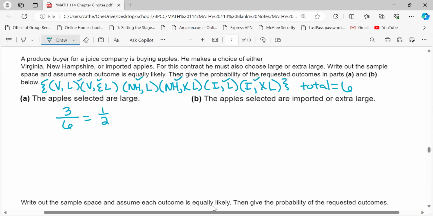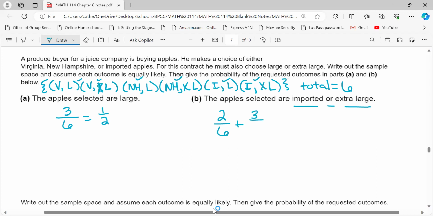Okay. The probability that the apples are imported or extra large. So how many are imported? Okay. So if we look at the number of imported, there's 2. Extra large, 1, I put E in. I should put XL.